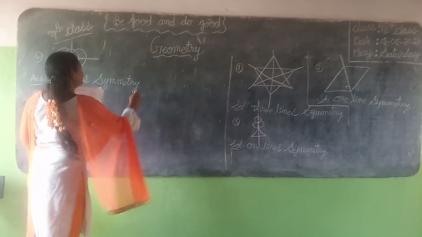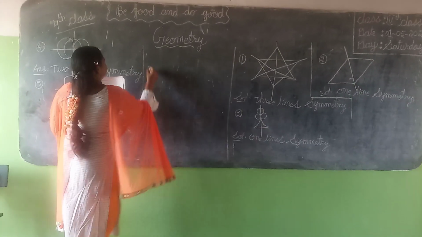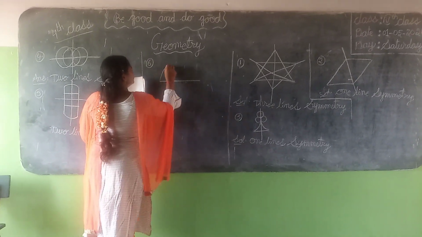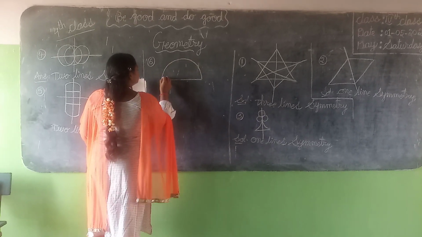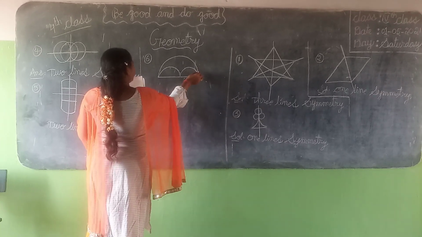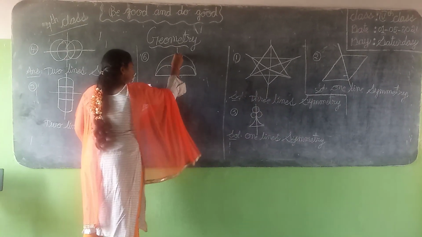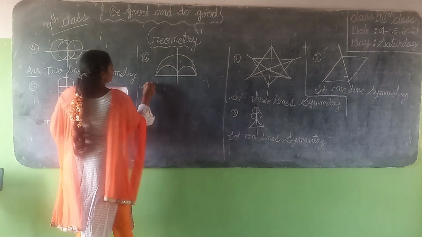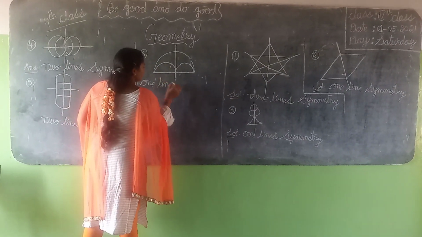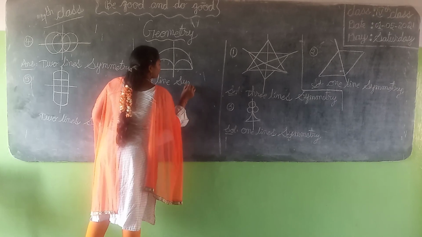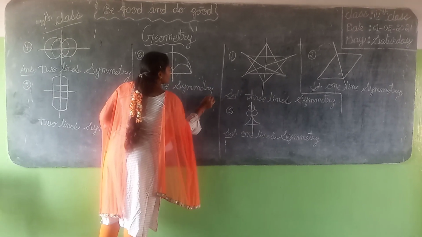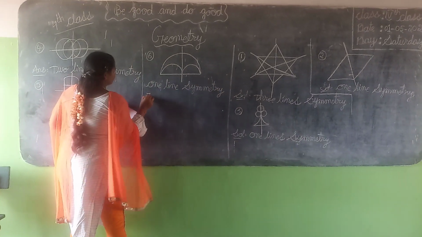Next, sixth one. So, how many lines of symmetry in this figure? In this, one line of symmetry. Okay, now one line symmetry.